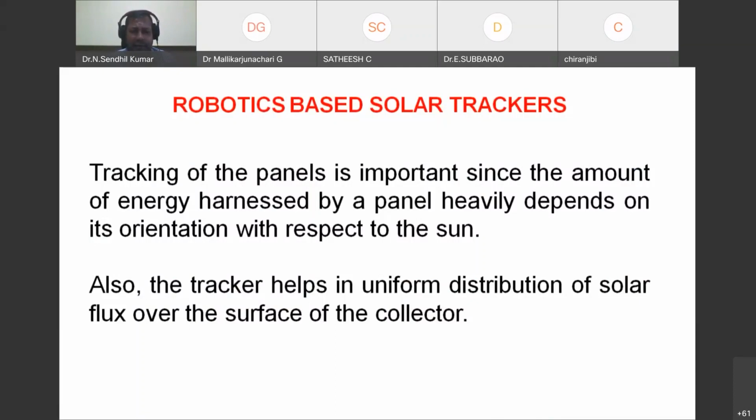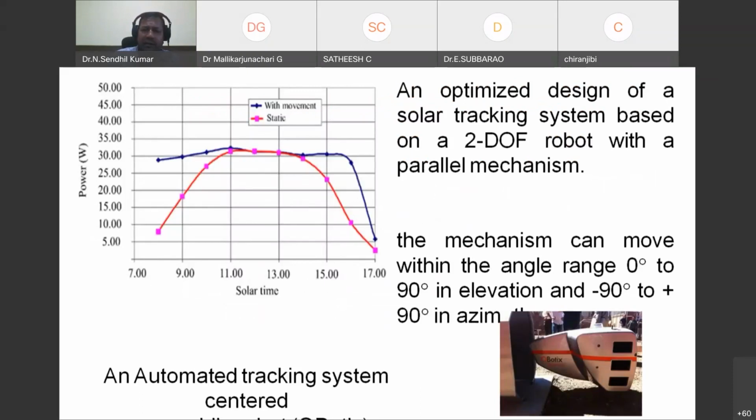If the tracking system is perfect, then our power production will also be good. So if you use a tracker based on robotics, that will be helpful in power production. You can see that we can track the systems in a very accurate manner, and by using this, power production will be increased.